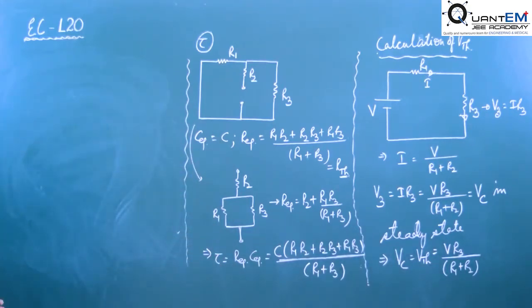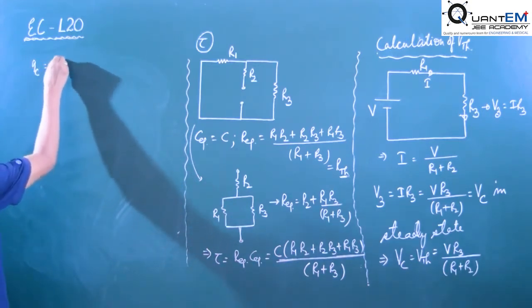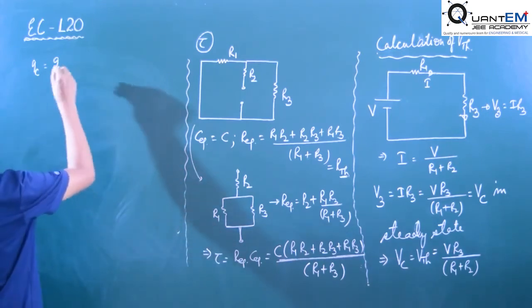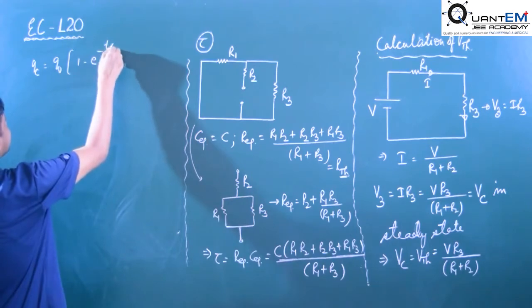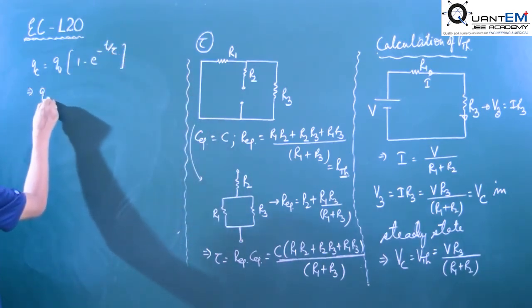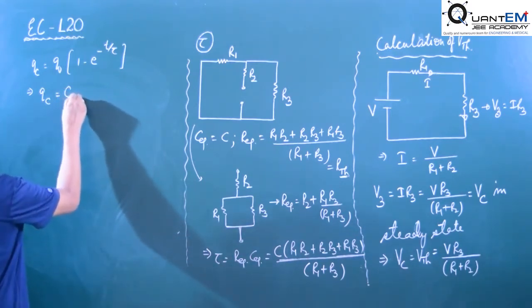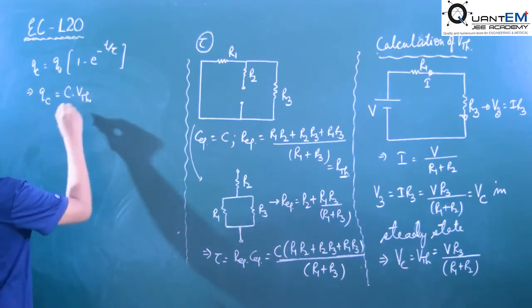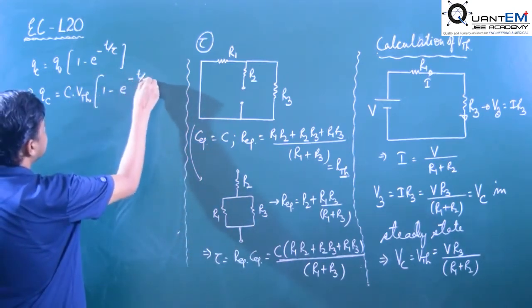Now see, what will be the charge across the capacitor? That is Q0 (1 minus e to the power minus t by tau). So charge across the capacitor is equal to Q0, that is capacitance into the Thevenin voltage, (1 minus e to the power minus t by tau).